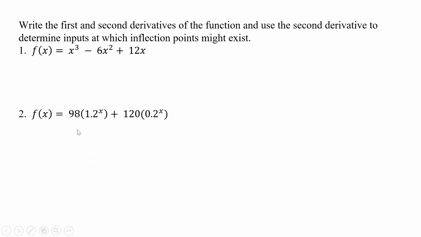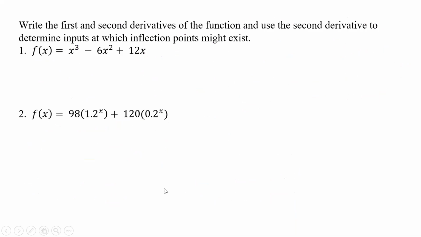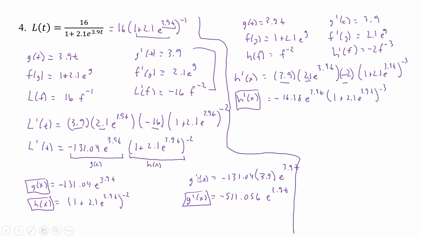So I'm going to have, now what did I have there? Negative 511.05. Whoa, I didn't give myself enough room on this one. So we'll do it here, I guess.